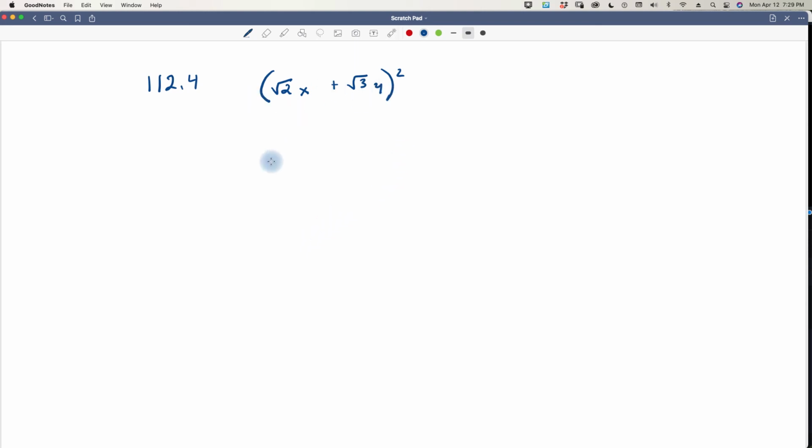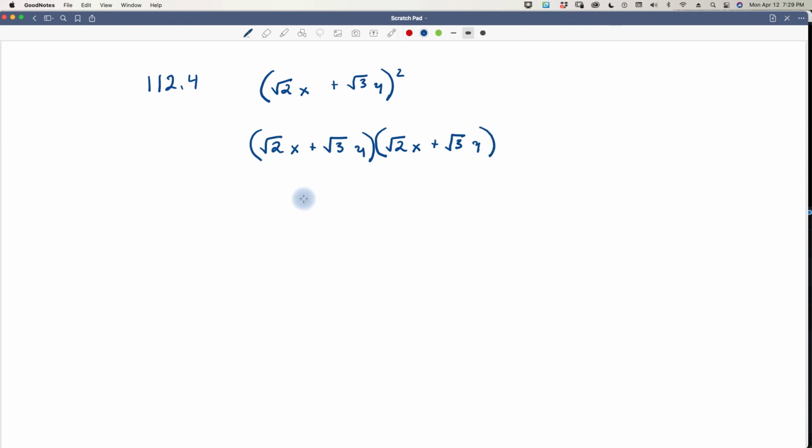All we're going to do is rewrite this again. So the square root of 2 times x plus the square root of 3 times y.